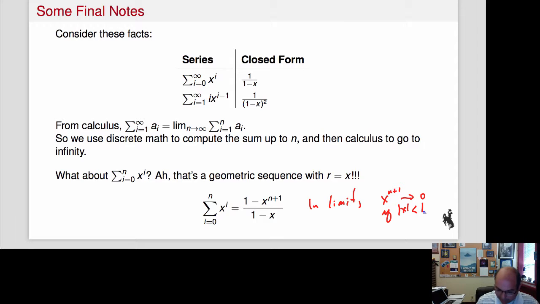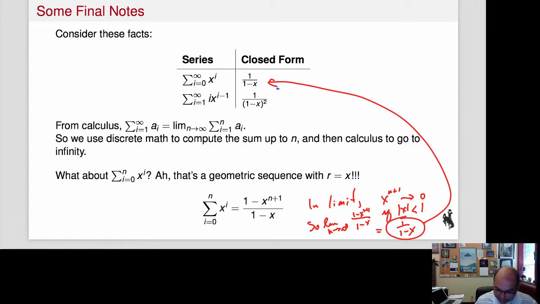So the limit as n goes to infinity of 1 minus x to the n plus 1 over 1 minus x is going to be 1 over 1 minus x. And this is exactly what we say is the answer. Notice that the 1 minus x does not change as n goes to infinity because that doesn't involve n. It's only the x to the n plus 1 that matters.